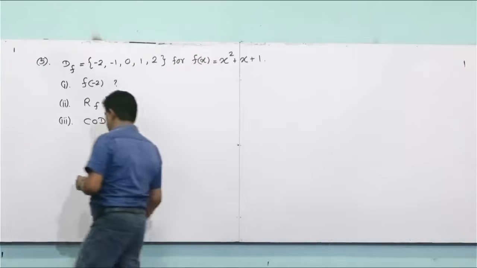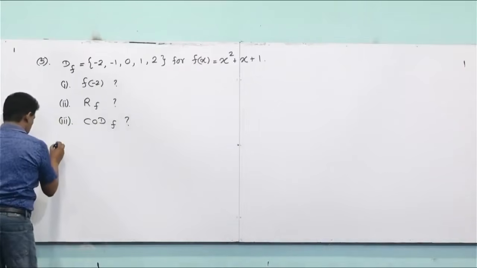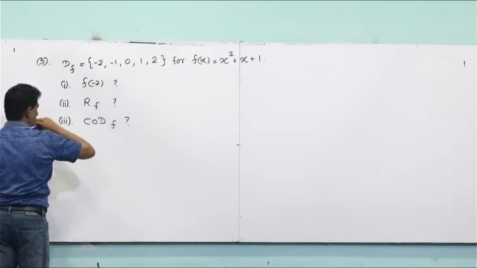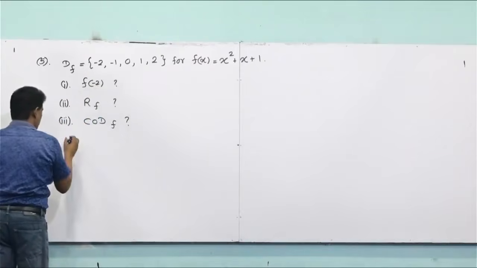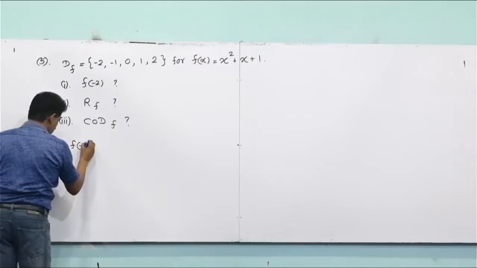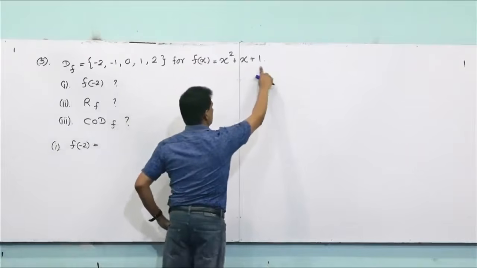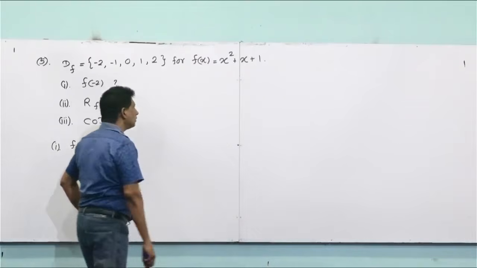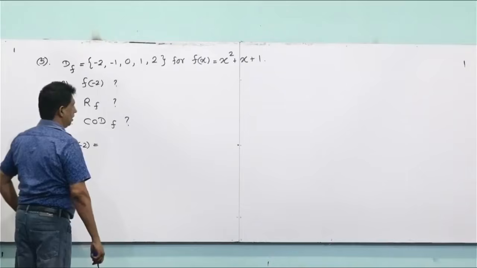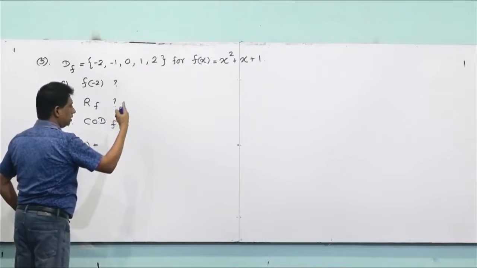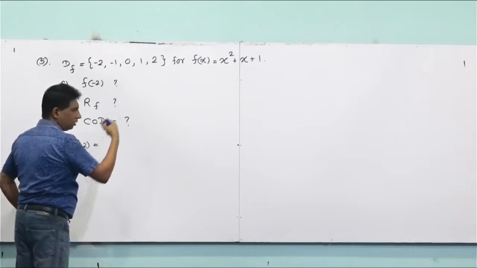First one, we have to find the image of minus 2. First method, by understanding this image of x, that means you have to square, then add it and add positive 1.